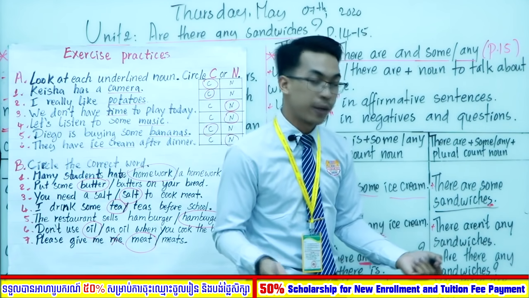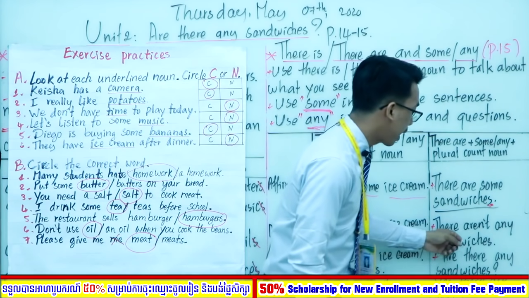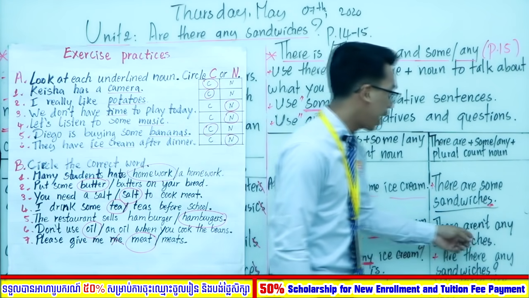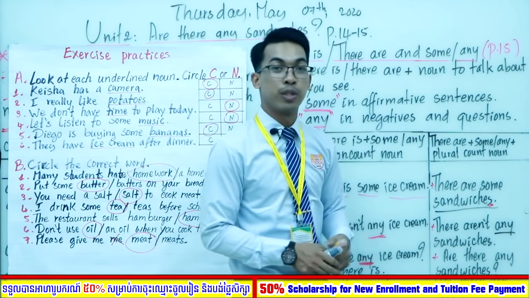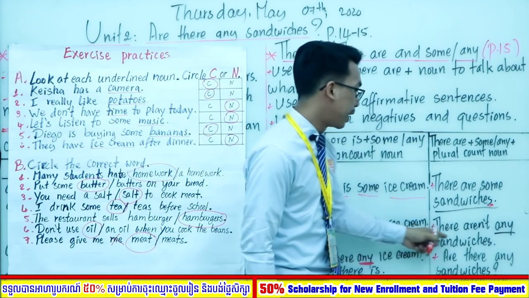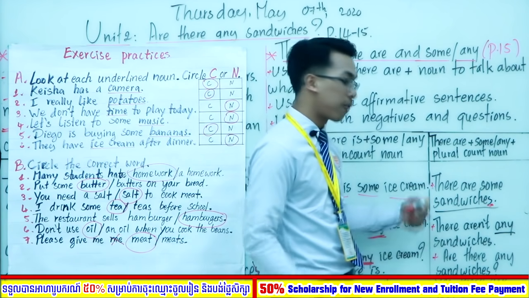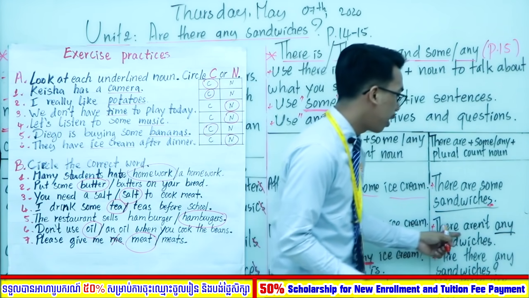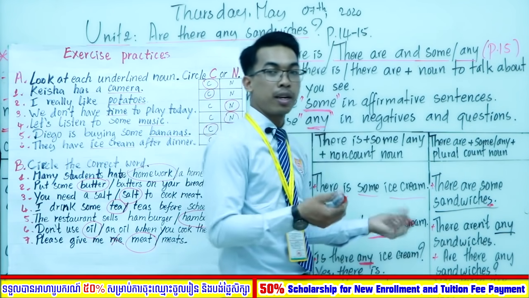You got that? Good. Now let's move to the negative sentence. There aren't any sandwiches. Here, the word any we use in negatives, and we can also use it with plural count nouns. There aren't any sandwiches. You get it? Good. You can find other examples, like there aren't any books.